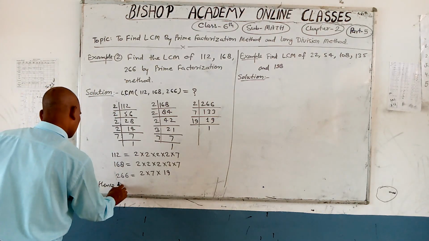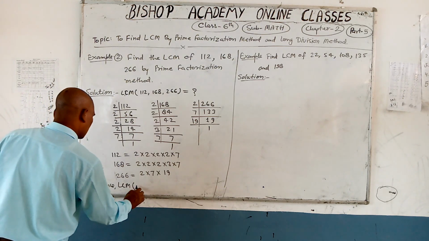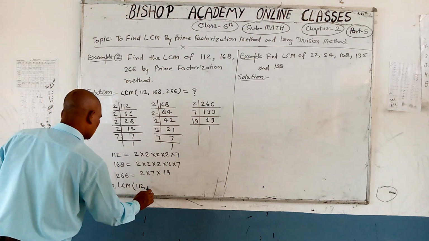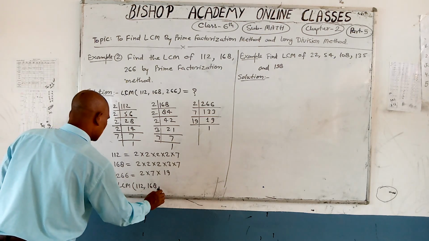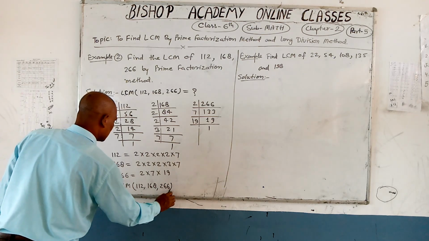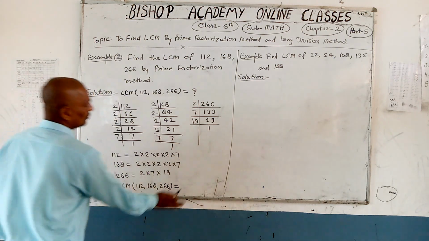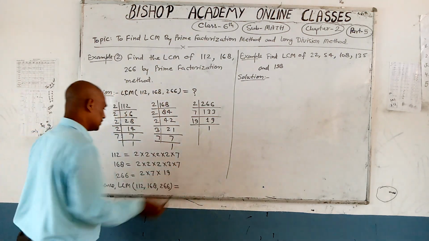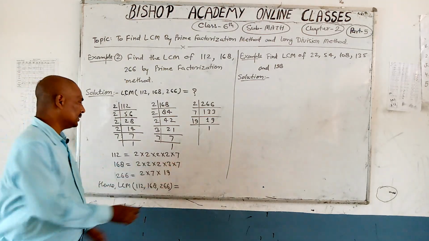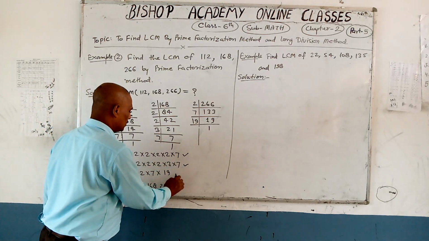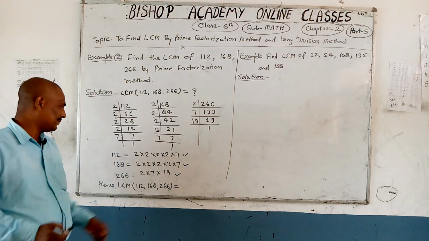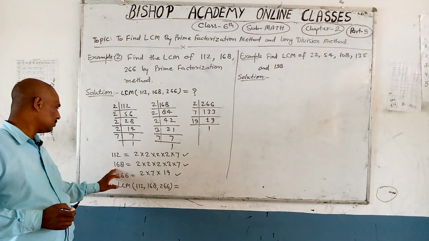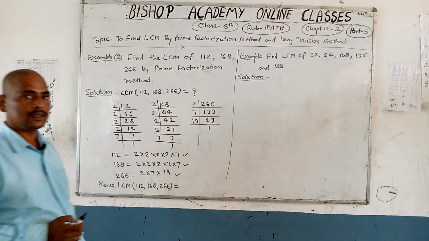Hence, LCM of 112, 168, 266 will be equal to. See, in these three indices 1, 2, 3, you got the prime factorizations of 112, 168, and 266.